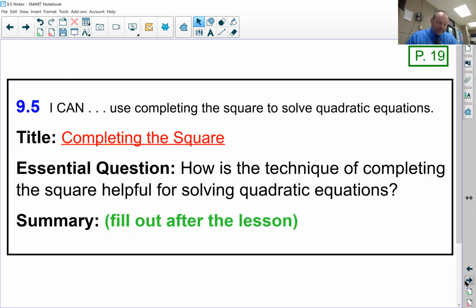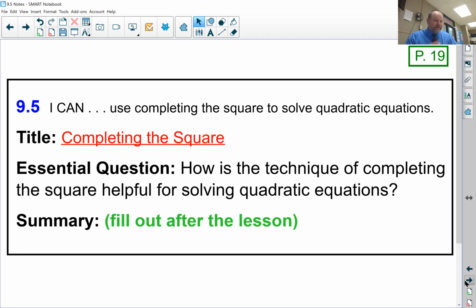All right. So as I said, today we are going to do something called completing the square. Of all the methods for solving a quadratic, completing the square is probably used the least.